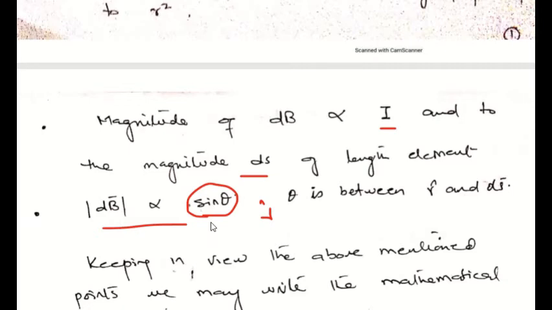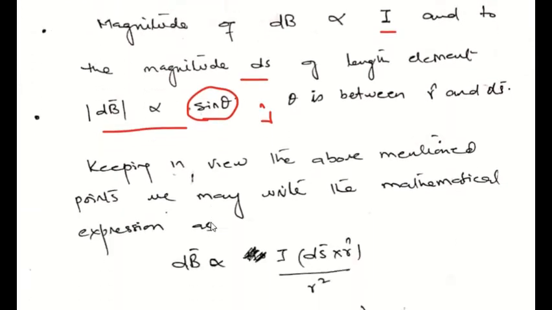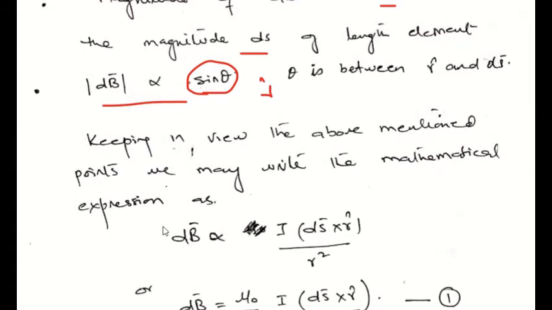Now, keeping in view the above-mentioned points, we can write this formula over here, that is dB is directly proportional to I, to ds and unit vector r, but is inversely proportional to r squared.